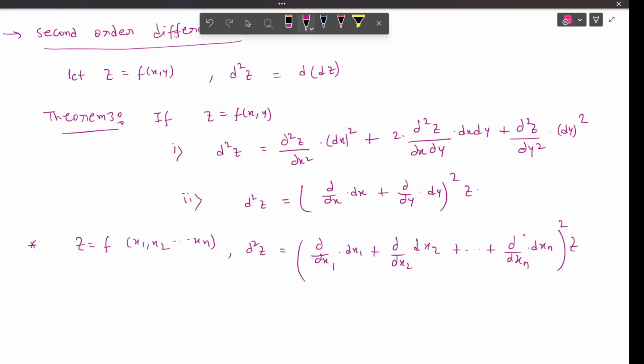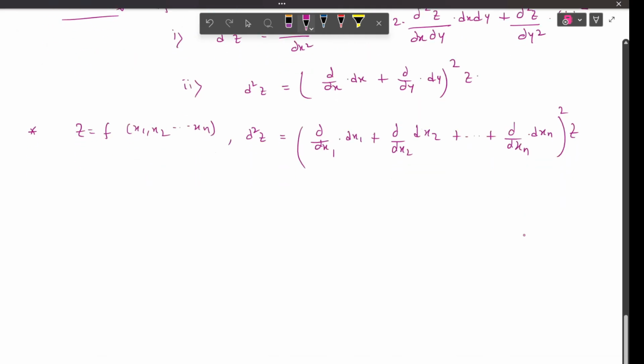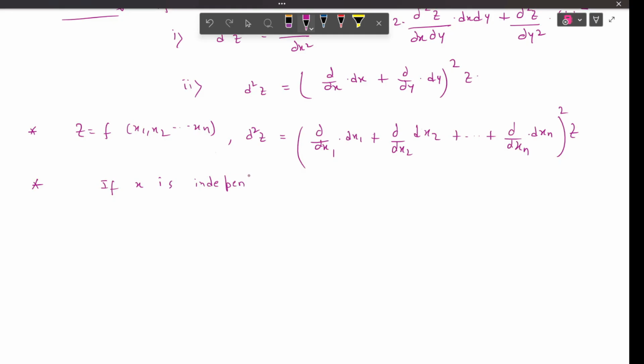Now remember one thing, that if x is independent, then d square x is 0.